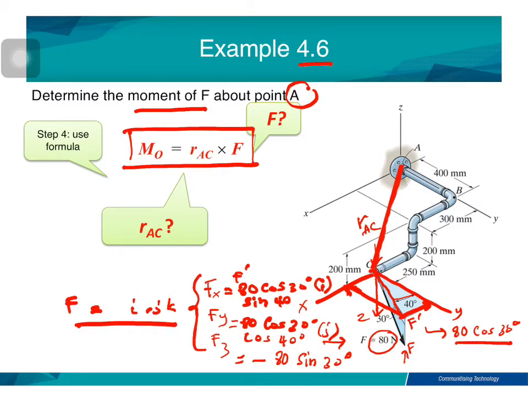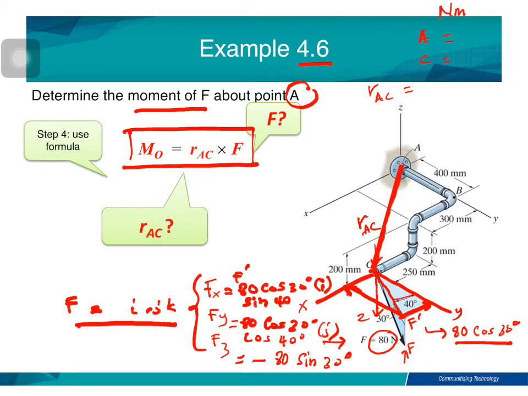Right, next, can you get what is the position vector of RAC? So, in order to get the position vector RAC, we need to get the coordinate A and the coordinate C. Okay, so now the unit for moment is Newton meter.